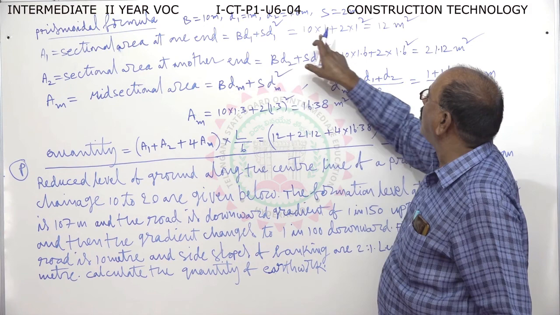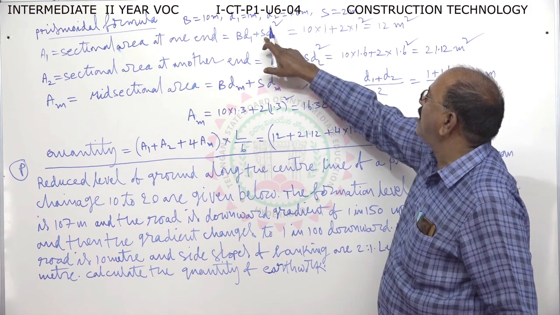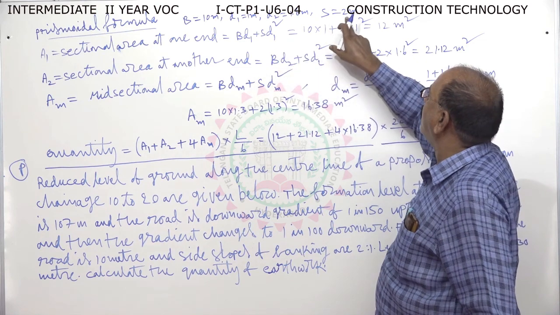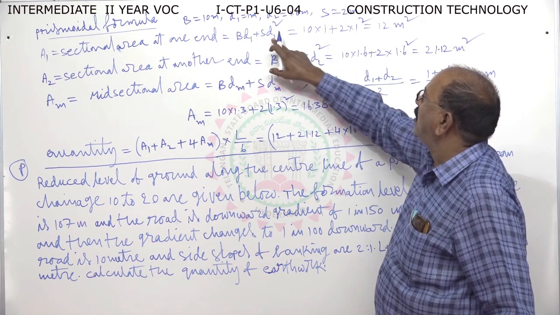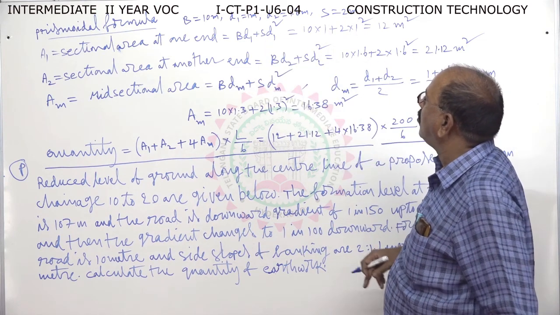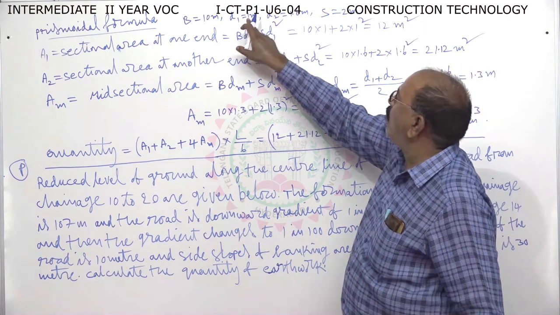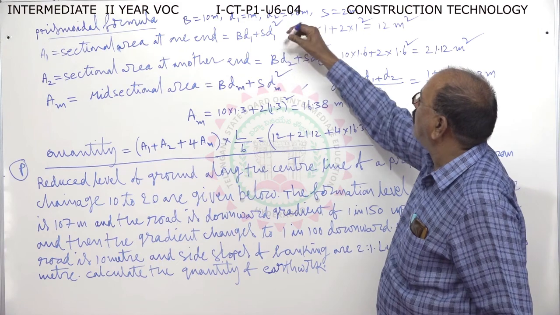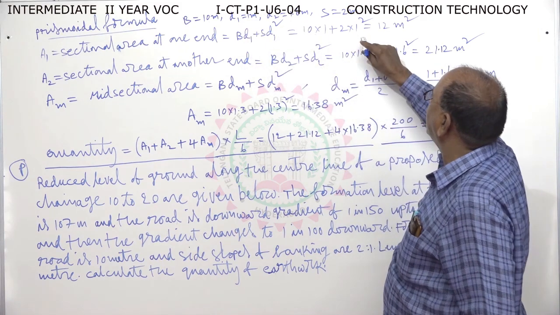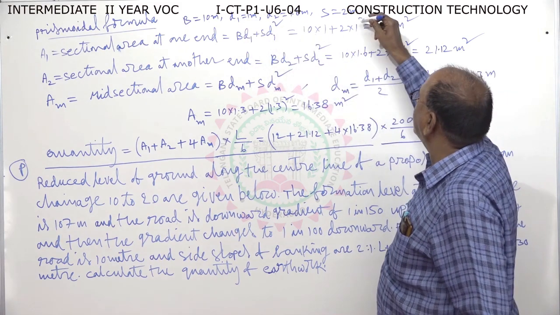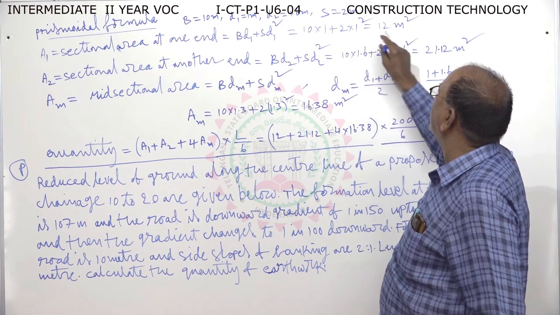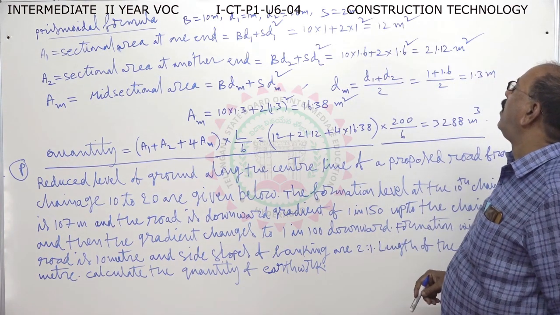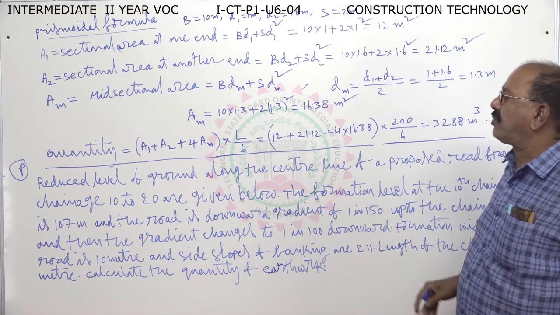Substitute 1 meter. Plus S is equal to, in the place of S, substitute 2 meters. In the place of D1, again substitute 1 meter. D1 means 1. So substitute 1. It is square. Put square here. So after simplification, with the scientific calculator, you will get 12 meters square.